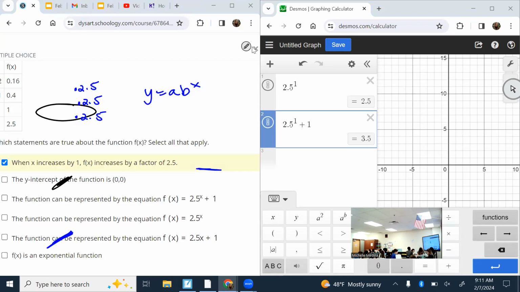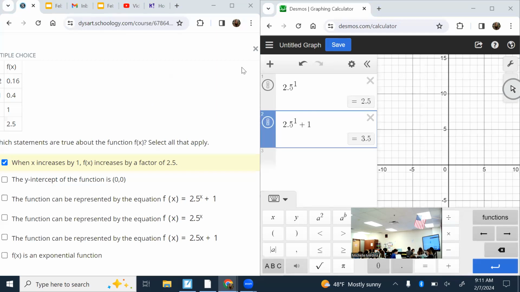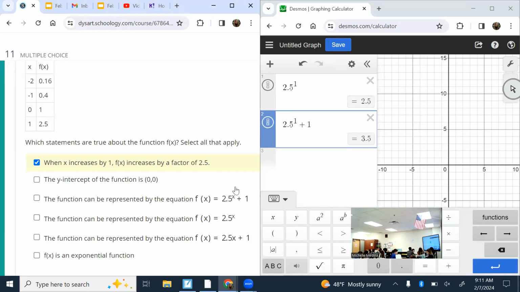So right now we are testing the equations. We're testing where it's f of x equals 2.5 to the x and f of x equals 2.5 to the x plus 1. So what I plugged in was the 1 because I felt like that was one of the easier ones to plug in. Which one gives me an output of 2.5?